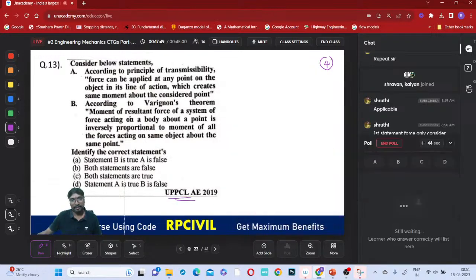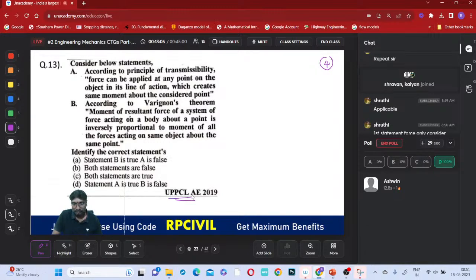Select the answer. This is an Uttar Pradesh question. Ashwin, Diya, Tajamal answered correctly.